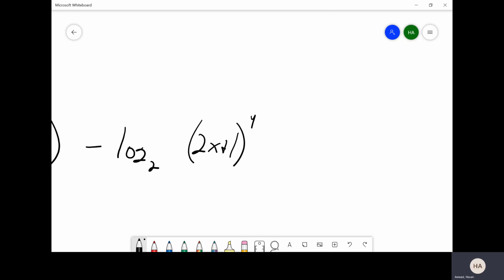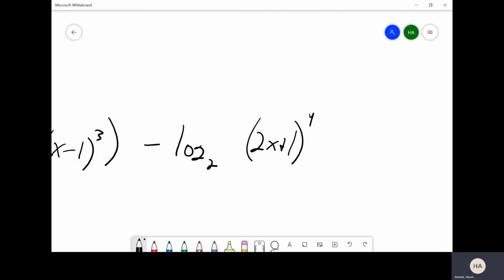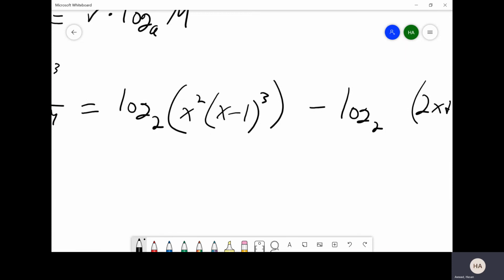And again, understand this fourth, the exponent here, the 4, is being applied to the value inside the logarithm. It is not being applied to the entire logarithm. Two very different ideas here. As long as it's being applied to the piece that's inside the logarithm, then you're still in business for the power rule. Okay, so what I want to do is I still have multiplication going on, right? I have log base 2, I have this x squared times the x minus 1 to the third.